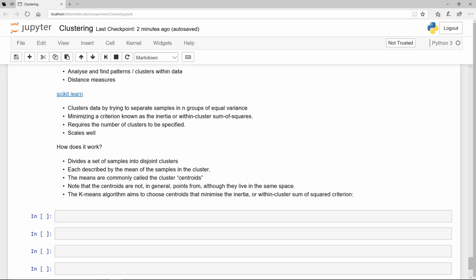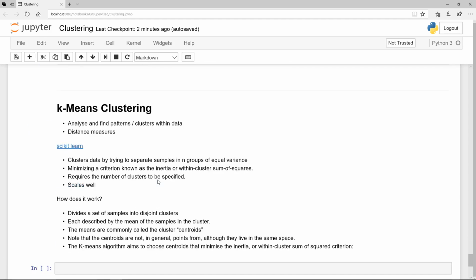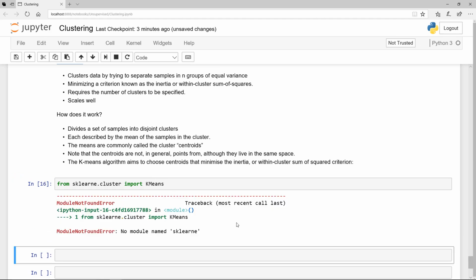Let's actually look into how you implement this for the problem that we had previously. Now remember, we have these 5 clusters. Let's have a look at how you can utilize k-means clustering to resolve this problem. The first thing is that from the scikit-learn library, sklearn.cluster, we import KMeans. Let's just import that first.